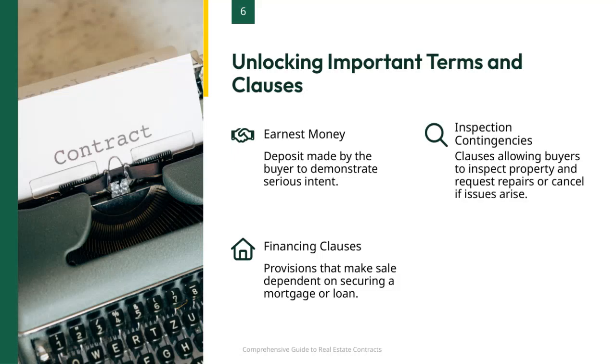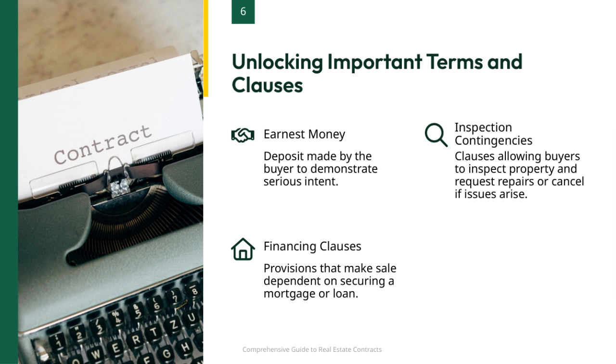Let's take a closer look at some important terms and clauses you'll encounter. First, there's earnest money. This is a deposit the buyer makes to show they're serious about purchasing the property. It's a way to demonstrate commitment and good faith. Next, inspection contingencies are critical because they give buyers the right to thoroughly inspect the home.